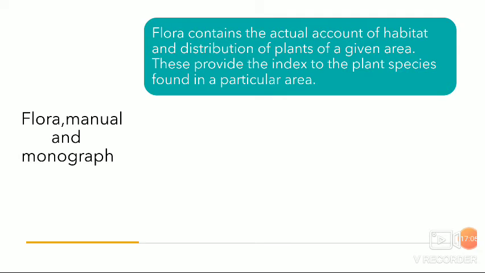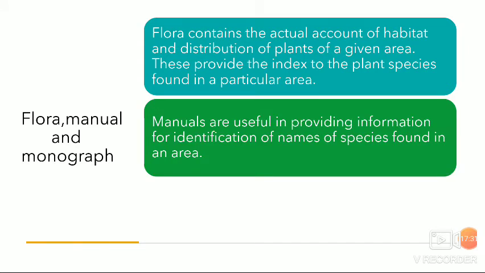What is flora? It contains the actual account of habitat and distribution of plants in a given area. So these provide the index to the plant species found in a particular area. This is the flora, the plant species found in a specific area.